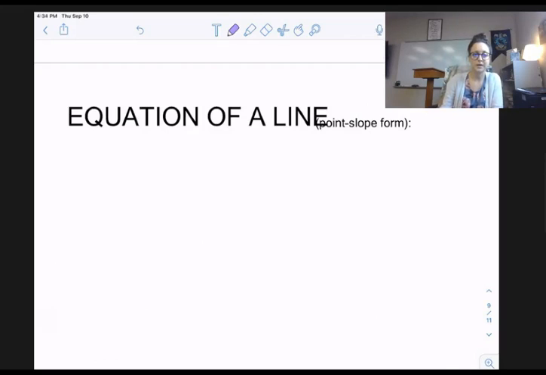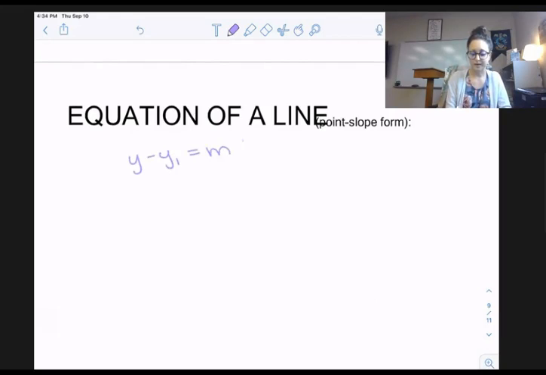Let's review how to write the equation of a line in point slope form. A very classic differential calculus question is write the equation of the tangent line. Okay, so you now know how to find the slope. So now if I want to put it all together, the form we use the most in calculus is point slope. So as a reminder, that's y minus y1 equals m times x minus x1.